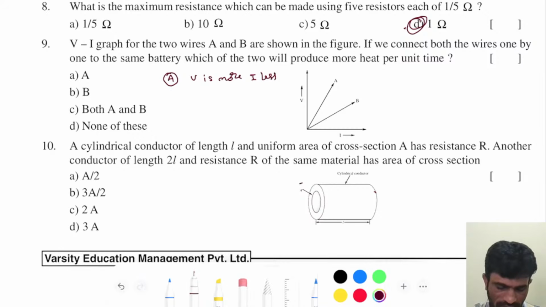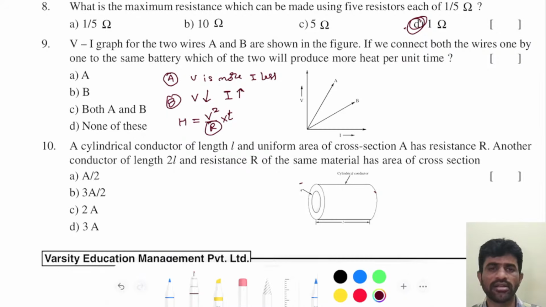Now heat, what I said just now, is V square by R into t. So R is inversely related to heat. When R is less, heat will be more.